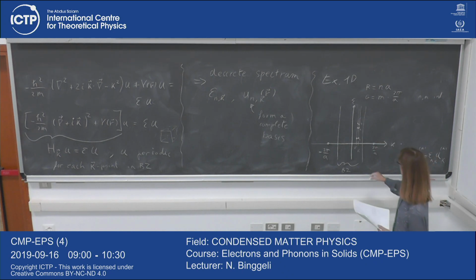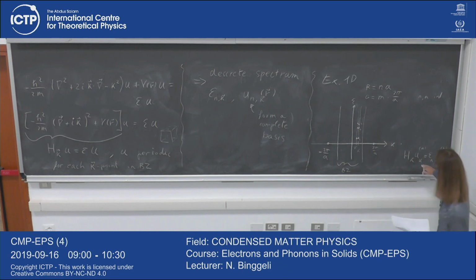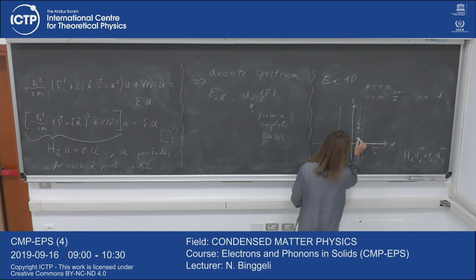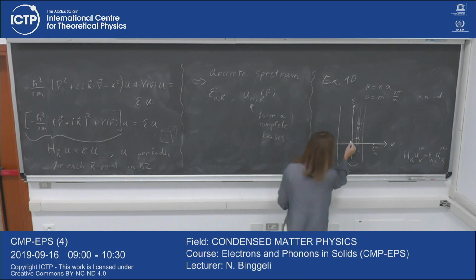So basically, if I continue for various K, I'm going to obtain a function epsilon of K that has to be continuous.